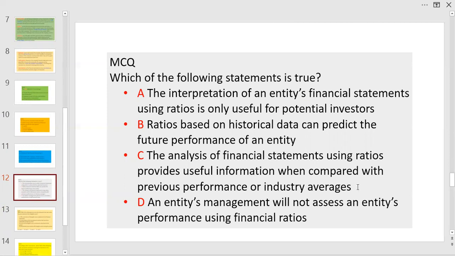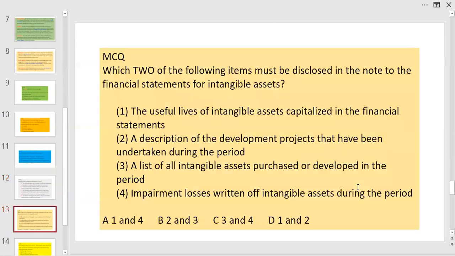The next two questions are included here in order to emphasize that notes are also part of financial statements, and the accounting standards also have some involvement with regard to the notes. For the MCQ, which two of the following items must be disclosed in the notes to the financial statements for intangible assets?